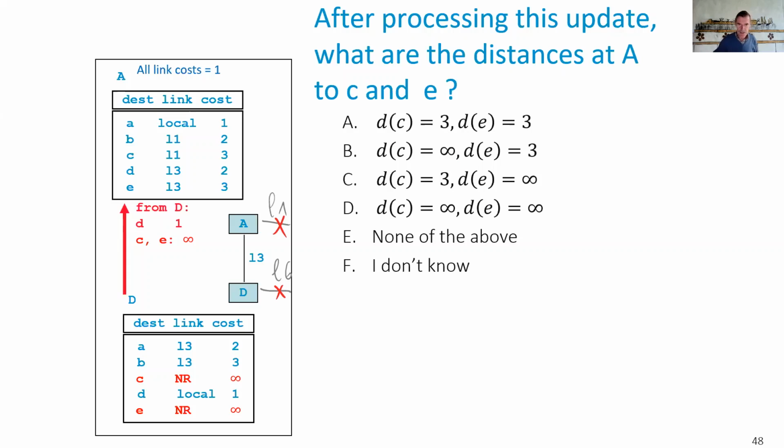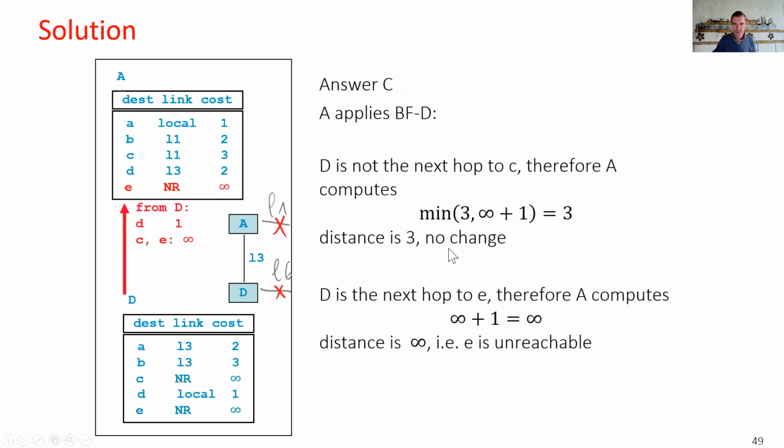And the majority says D, which means that both distances are infinite, which is not the correct answer. Once again, let's see why. A applies the distributed Bellman-Ford algorithm, the version that works. And remember, you need to see whether the update you receive is from the next hop.